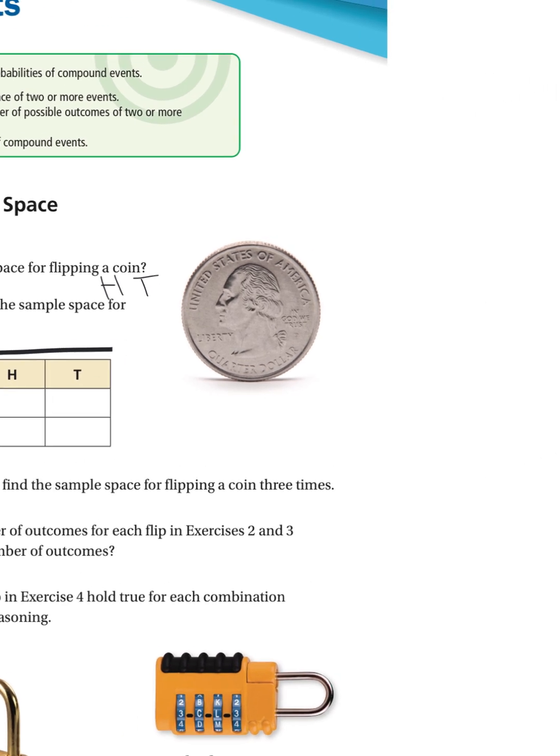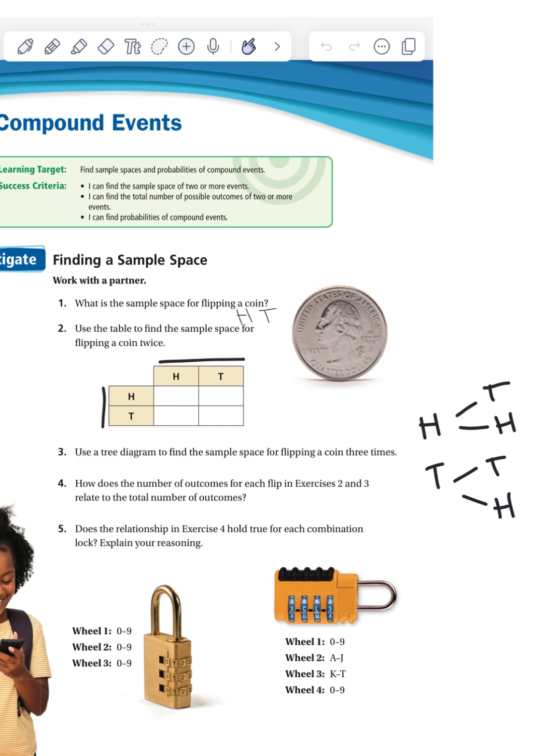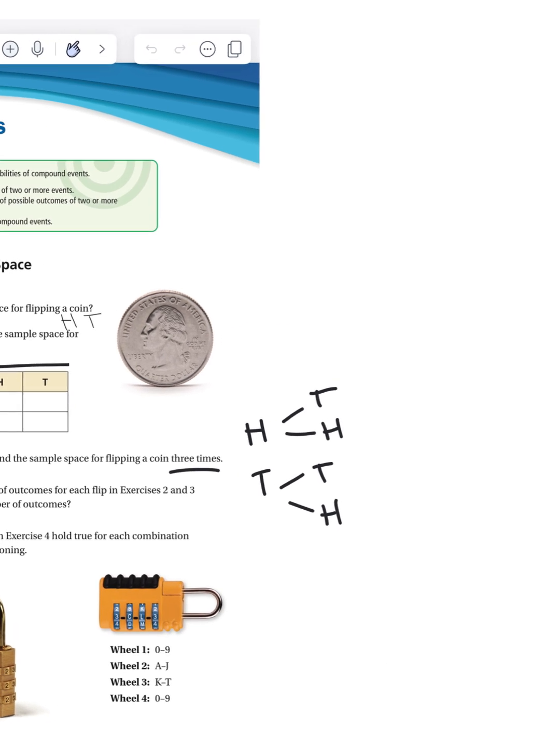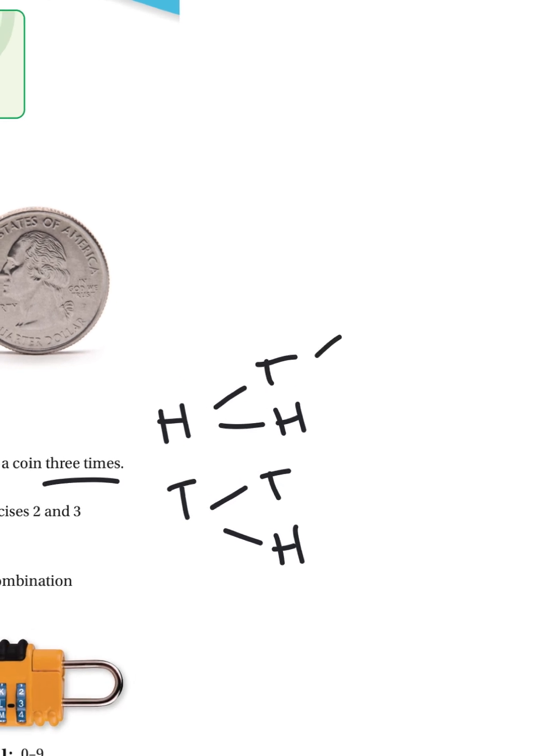What that means is you would have heads, you would have tails, and then this would represent your first flip. So then your second flip, you could have heads, heads, or heads, tails, and then you could have tails, tails, or tails, heads. So that would be a tree diagram for 2 times. Oh, this says 3 times. Okay. So then from each of these, you would have another tails, heads, tails, heads, tails, heads.